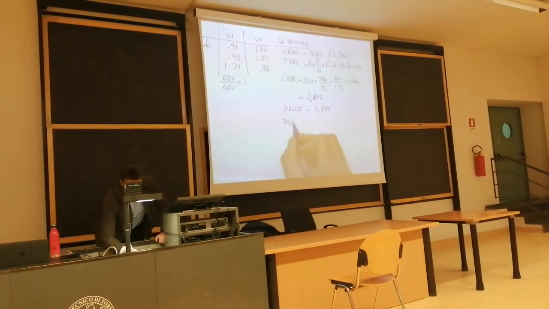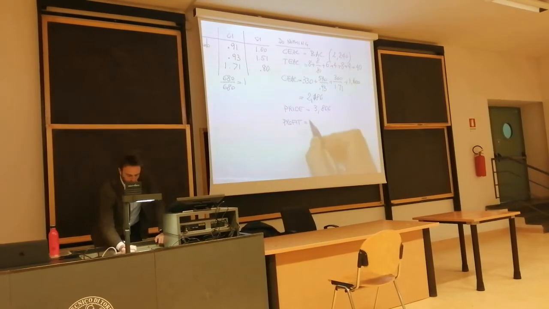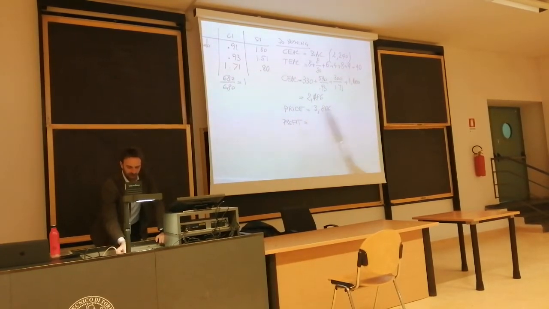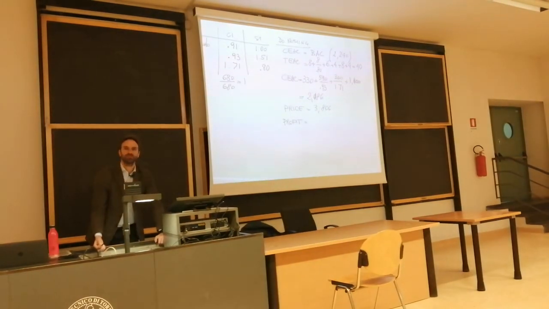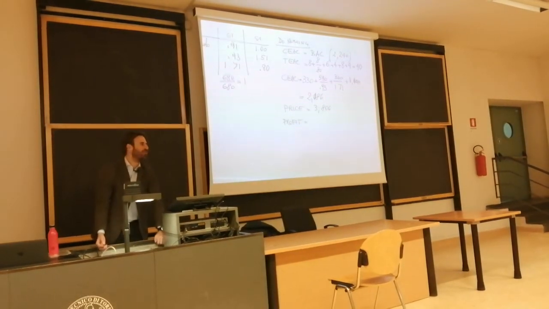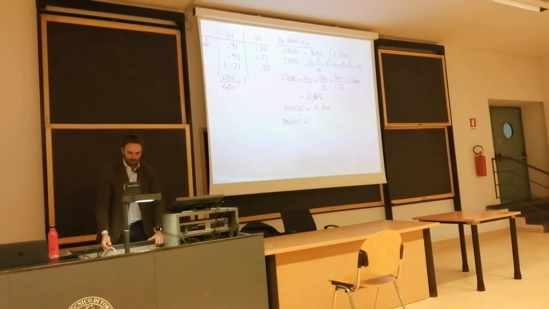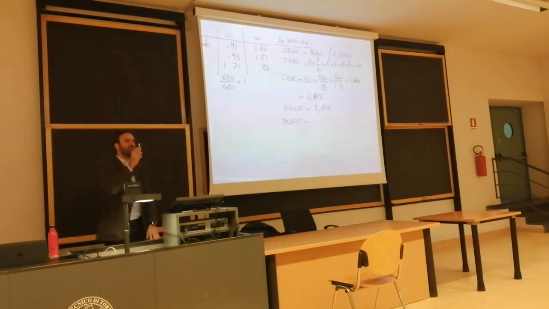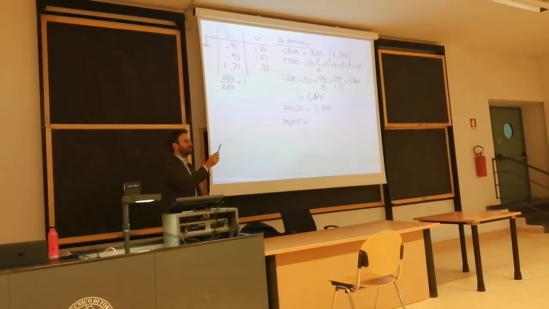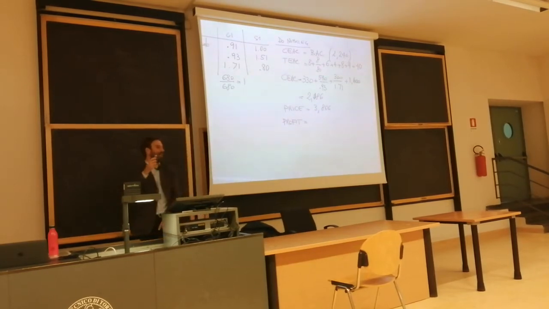Profit would be price less direct cost estimate at completion less overhead. Am I right? How much is overhead? How long is going to be the project? 40. 40 times 30,000. So it's 1,200,000.